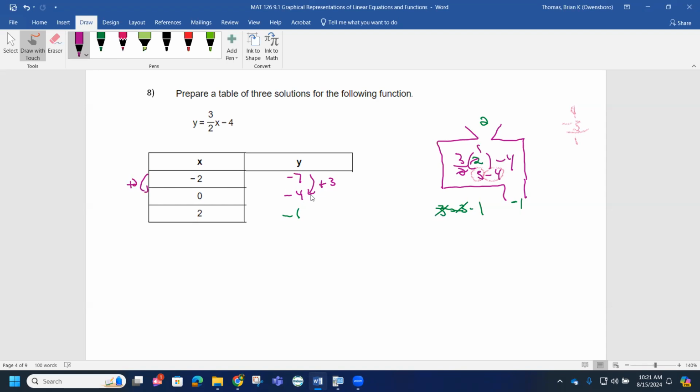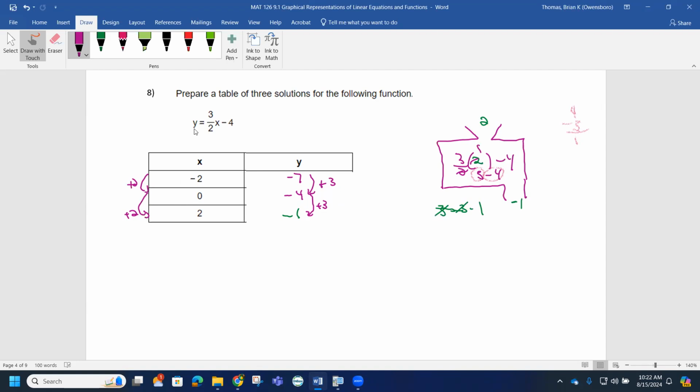If you go from a -4 to a -1, notice how that's also an increase of 3. If you go from 0 to a 2, that's an increase of 2. So notice that there's a constant rate of change, if you will. The y's are continually changing by 3, while the x's are continually changing by 2.